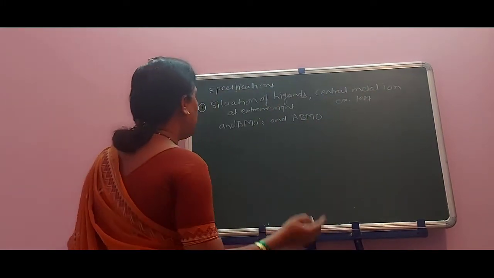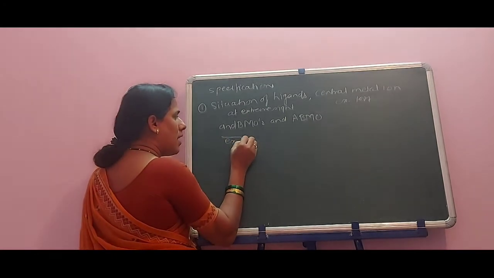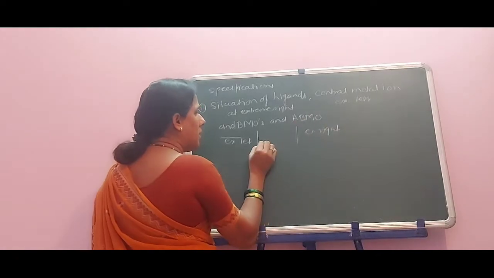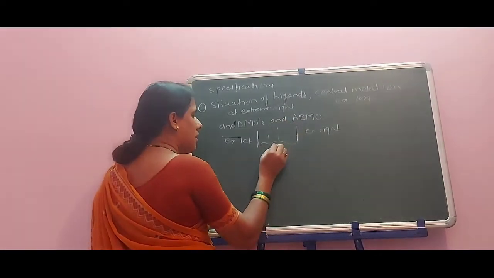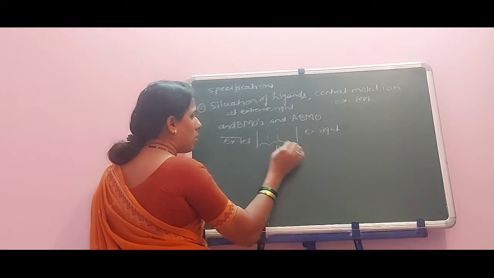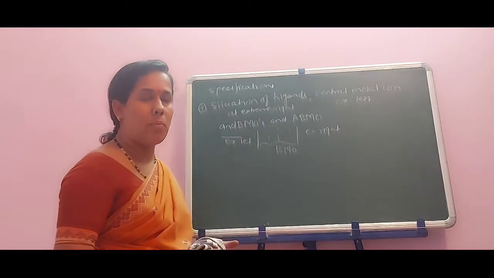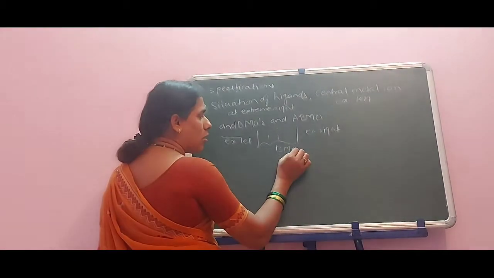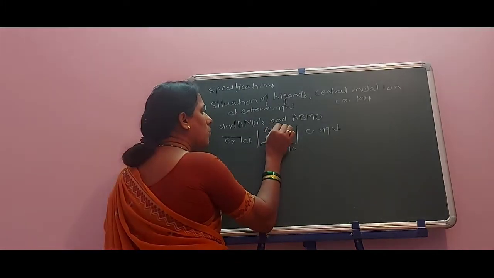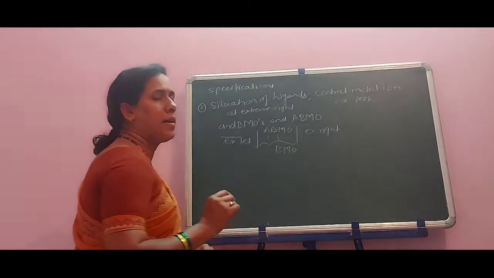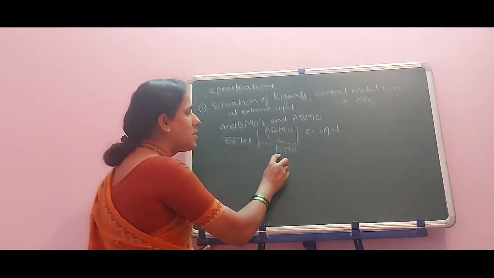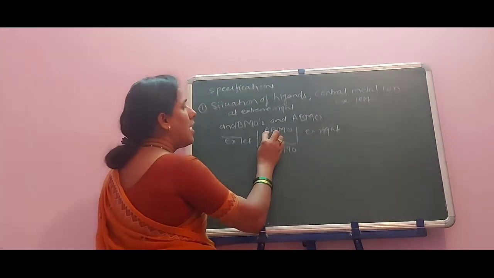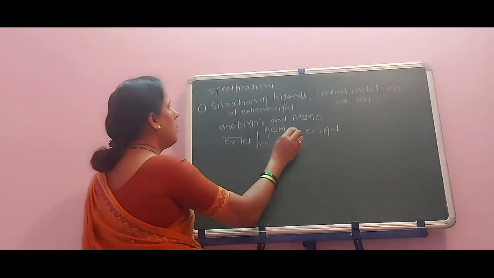Here extreme left, here extreme right, and in between, at lower energy, are the bonding molecular orbitals, formed by combining atomic orbitals of the metal ion with ligand group orbitals of the same symmetry. At a time two orbitals are formed. The first is called the bonding molecular orbital, in short BMO, and the second is the antibonding molecular orbital, ABMO.